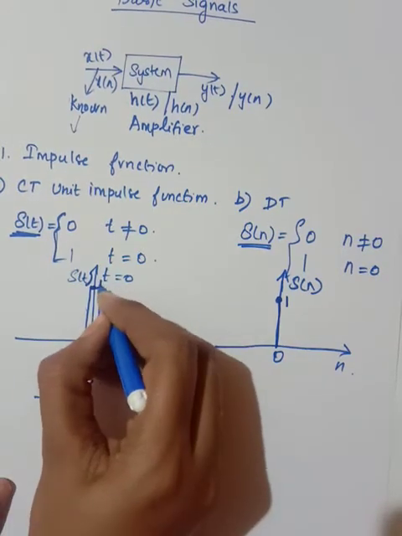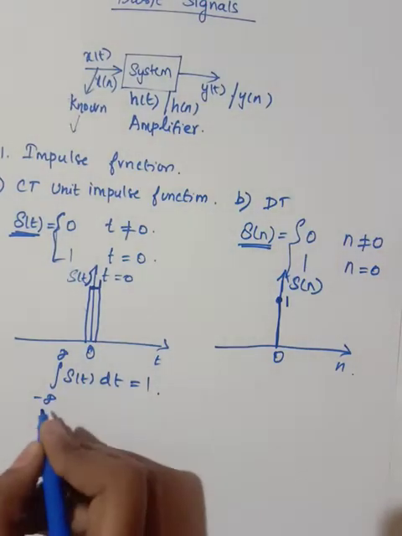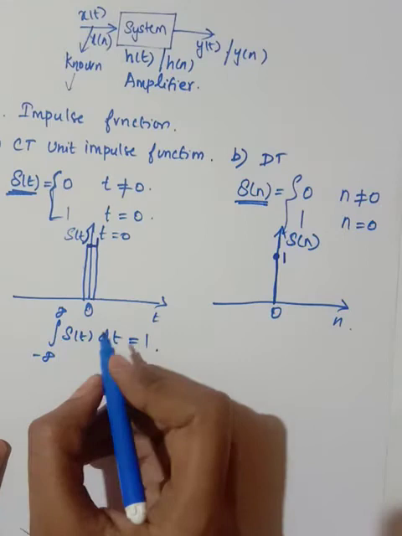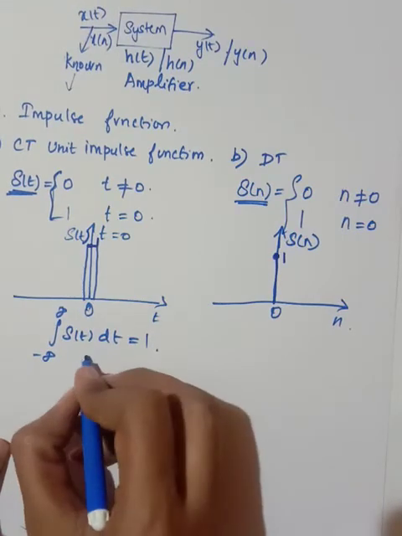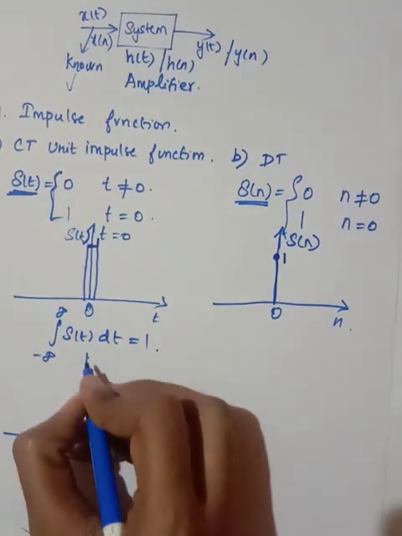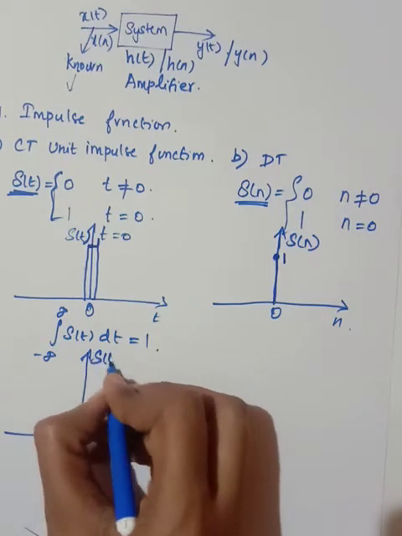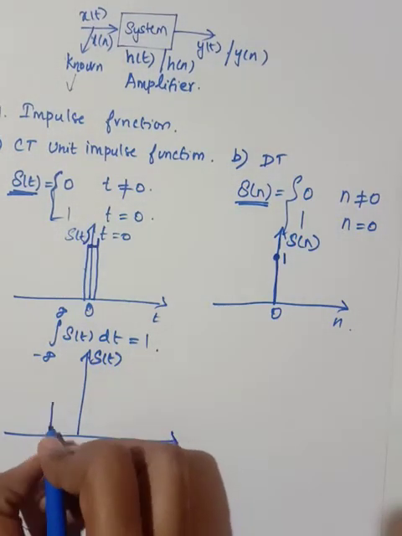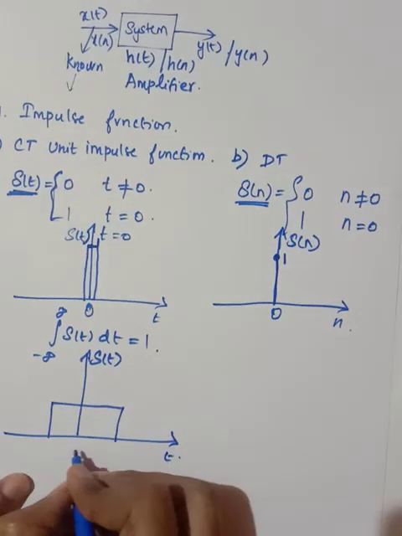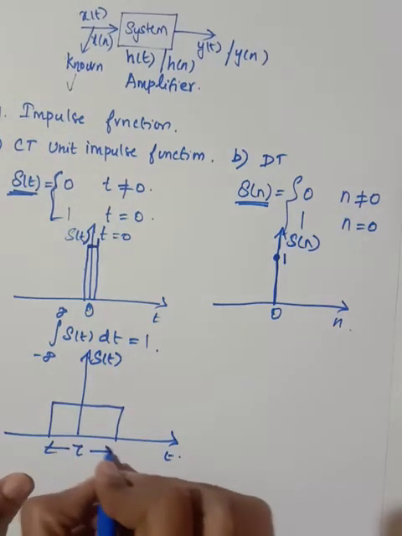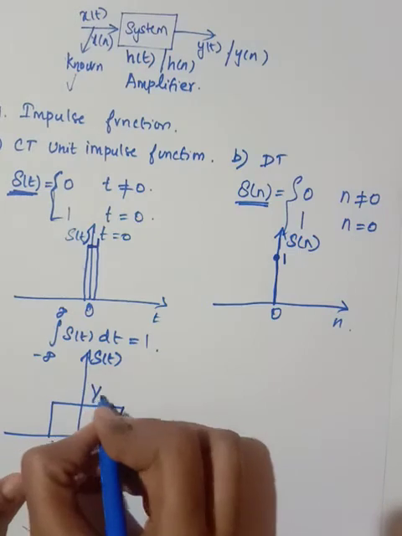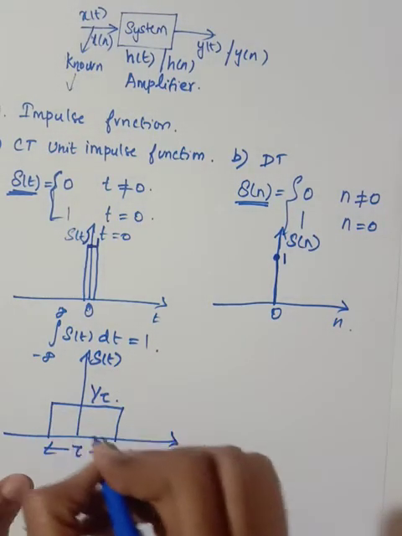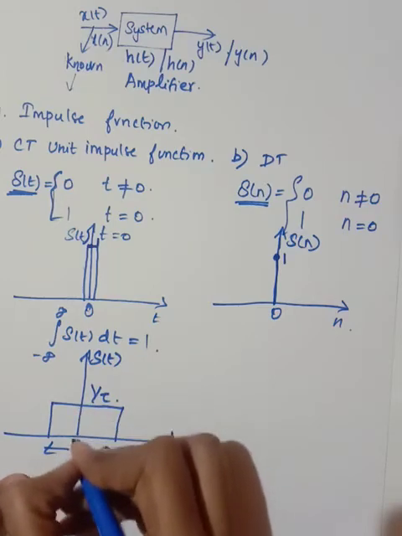That is the property of the unit impulse function. Consider the signal del of t against t. This width can be broader, say tau, and the height will be 1 by tau. How do you find the area of the pulse? It is width times height.